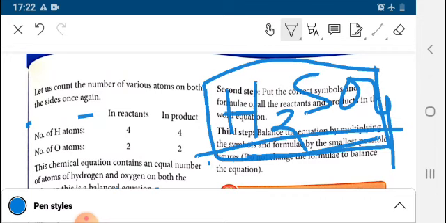No other formula is possible for sulfuric acid. So in balancing, you have to keep in mind that the sulfuric acid formula is not changed. For any compound you are balancing, the hit and trial method is applied, but the formula should not be changed. That's all.